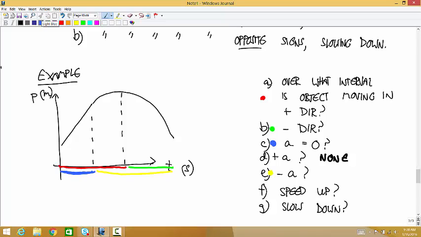Okay, so now speeding up and slowing down, we have to think about the sign of the velocity and the sign of the acceleration. Is there any region where it's speeding up? Yeah, the green, for that whole green region, you have negative acceleration and negative slope.